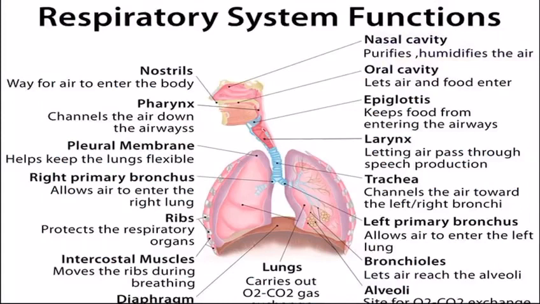There the gases exchange. The lungs carry out gaseous exchange. The pleural membrane helps keep the lungs flexible and lubricated and prevents friction. The ribs protect the lungs. The intercostal muscles move the ribs during breathing. And the last one, the diaphragm, helps pump the lungs.